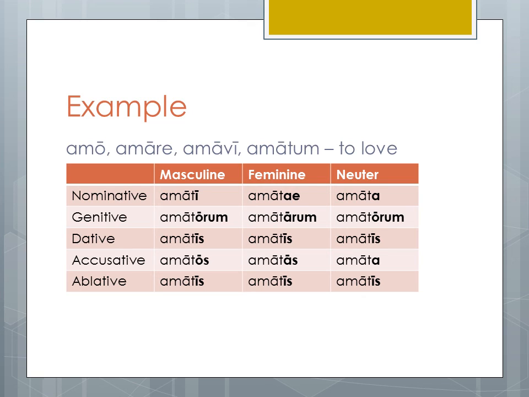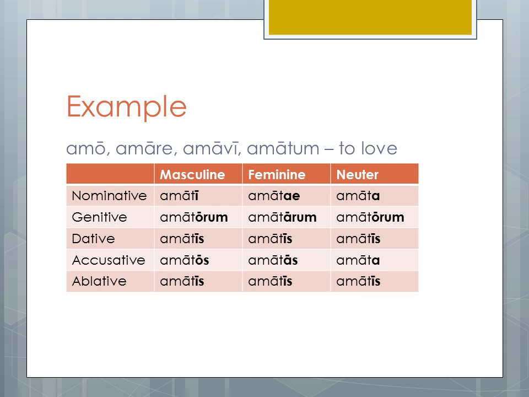Finally, for the neuter, it looks very similar to the masculine endings since it is also using second declension endings. But of course, we need to remember that our rules governing the neuter tell us that in the plural, our nominative will end with a short a, and also the accusative will match the nominative.